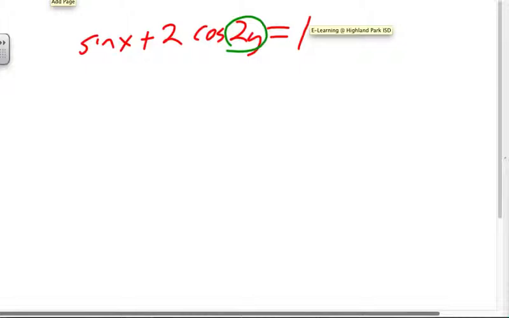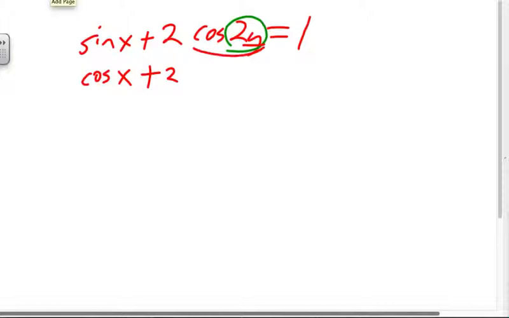So the first thing I'm going to do then is come back in and take a derivative. Now remember, with y we're going to have to do a dy dx. So when I do this, the derivative of sine of x is cosine of x plus 2 times.